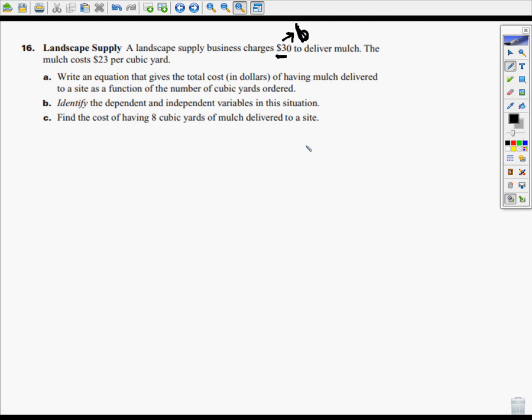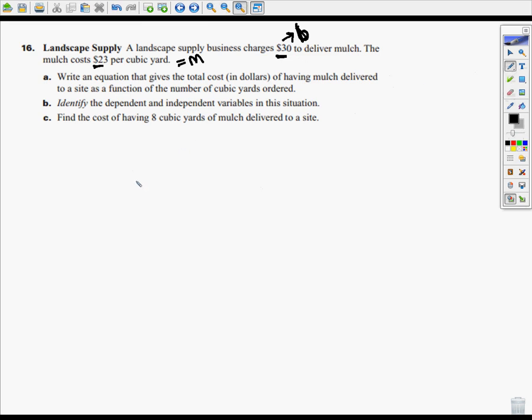It's not $30 to deliver the mulch and then drive the truck back somewhere. It's just $30, they deliver it. And then it's $23 per cubic yard. So every cubic yard you get is $23 more. So there's your slope. So my equation, let's make it make more sense in the problem.